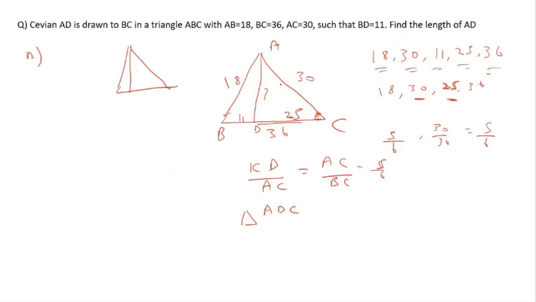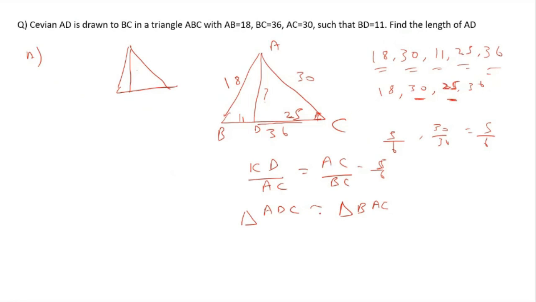So ADC can be similar to, now the first triangle I can write any way I want. The second triangle, the naming is very, very key. So CD has to be matching with AC, so the last two alphabets should be AC. And AC has to be matching with BC, so the first and the third alphabets have to be BC. So the third alphabet will be C, this will be A, and this will be B.